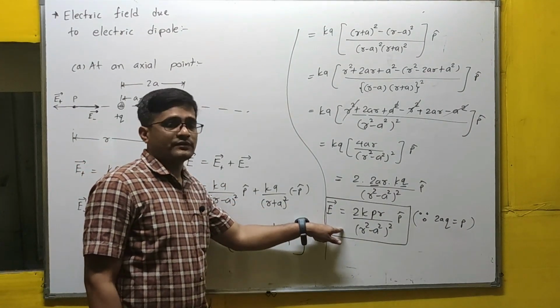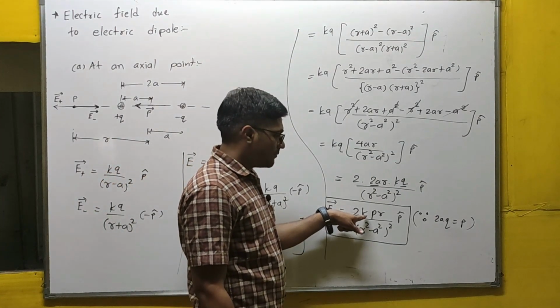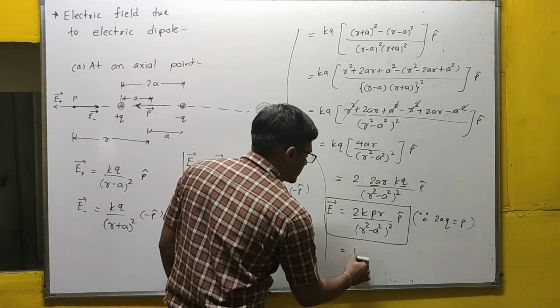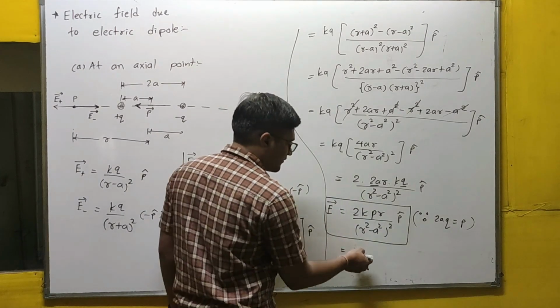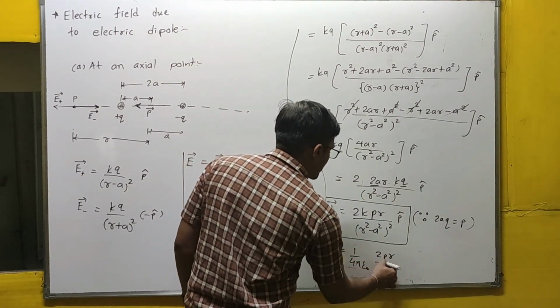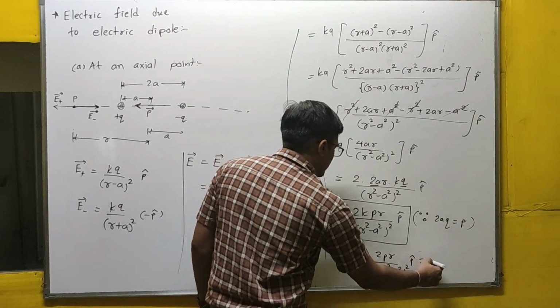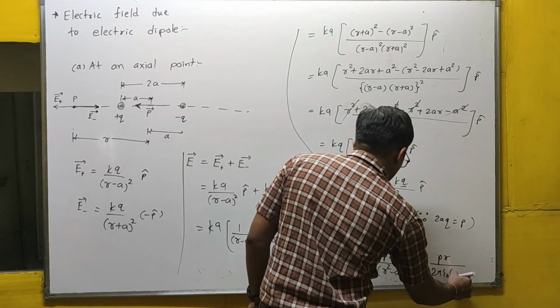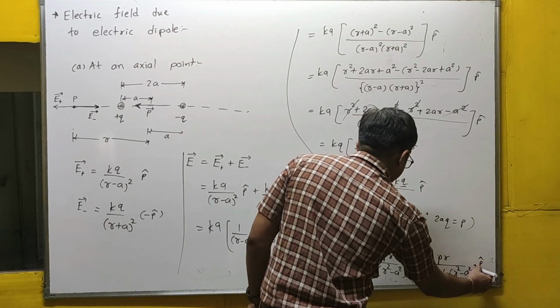You have to remember this formula for our numericals. In the textbook they use 1 by 4 pi epsilon naught in place of K. So you can write 1 by 4 pi epsilon naught in place of K, that is 2PR divided by (R square minus A square) whole square P cap. So your formula is PR divided by 2 pi epsilon naught (R square minus A square) whole square P cap.